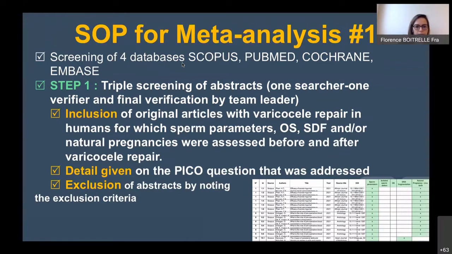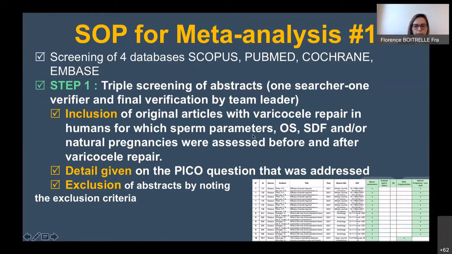We included original articles on patients who had undergone varicocele repair and for whom an assessment of sperm parameters and/or oxidative stress and/or sperm DNA fragmentation and/or natural pregnancy or live birth was assessed before and after varicocele repair.